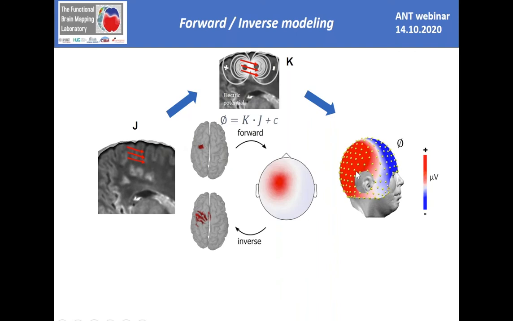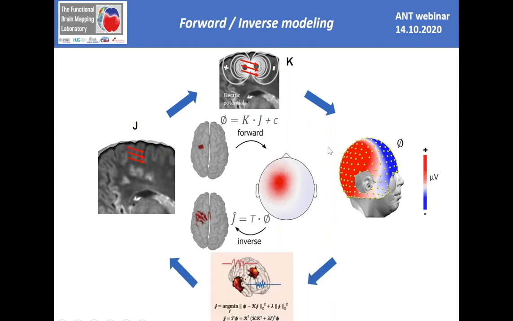The more challenging part is inverting. So if we have a specific topography, if we have all the channels integrated in this model, we want to invert this linear relation I was talking about before, right? So we don't want to describe how the field spreads from the brain to the scalp, but we want to estimate the sources from the EEG recording, right? And that we do by somewhat inverting this forward model, right? So T is some inverse of K, right?